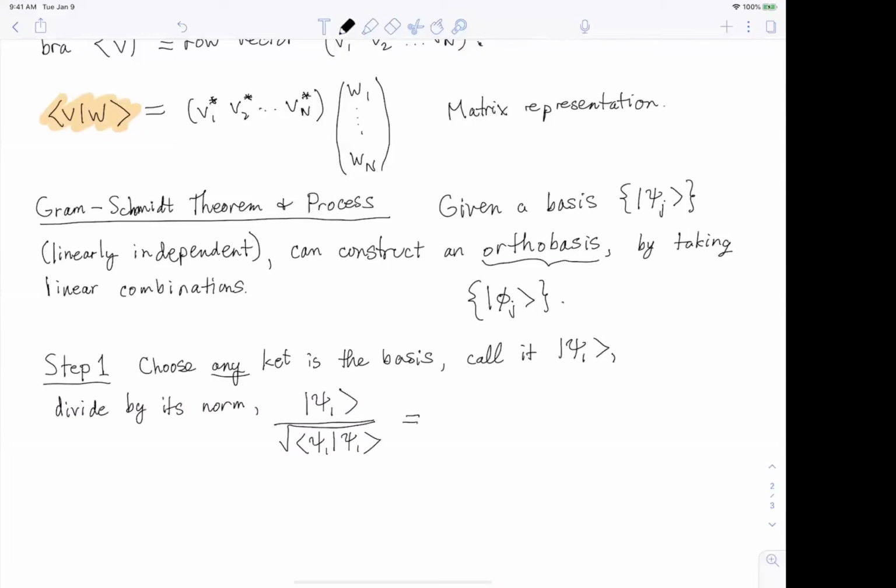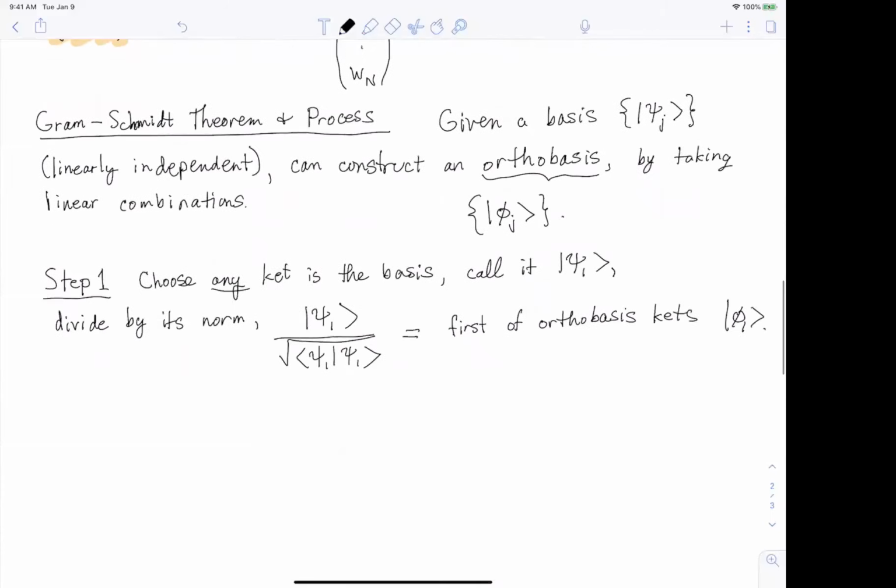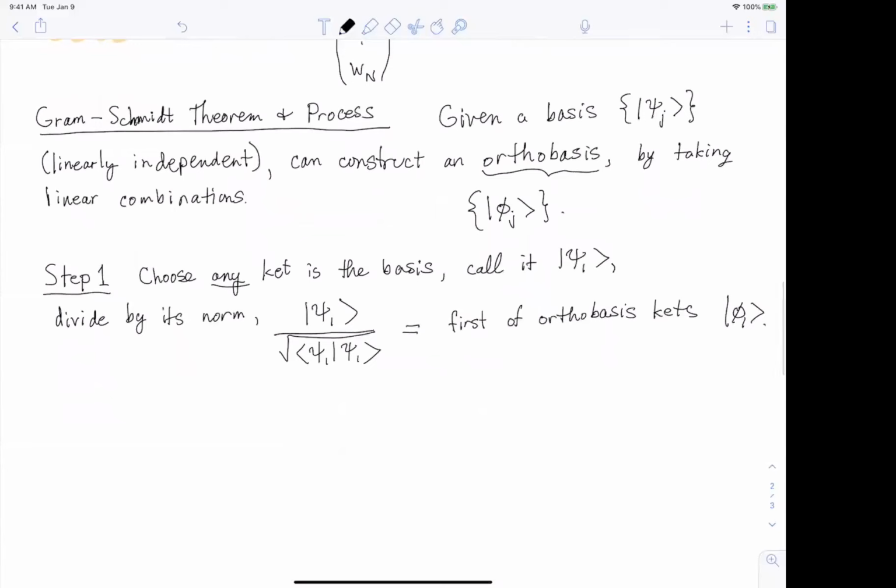And that's going to be the first of our orthonormal basis kets, or orthobasis kets. Okay, so we're going to call that phi sub 1. So the first step is easy. There's almost nothing to it.